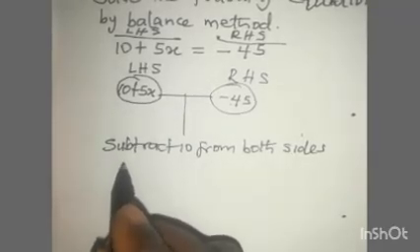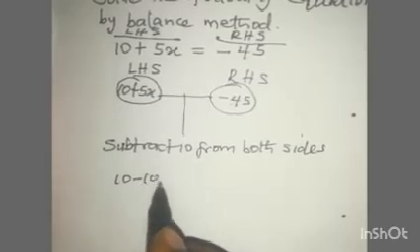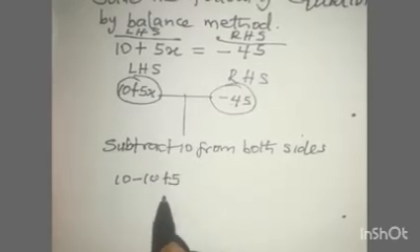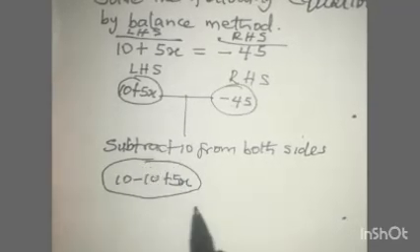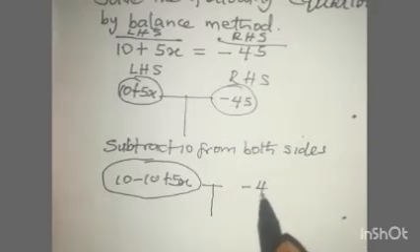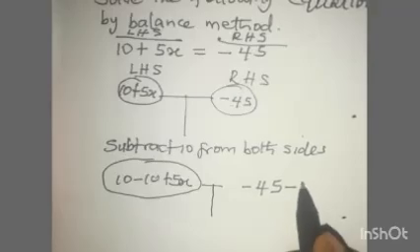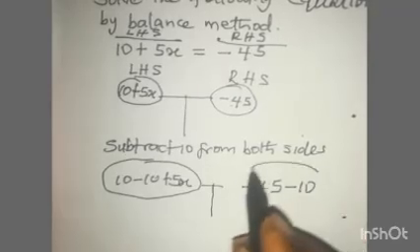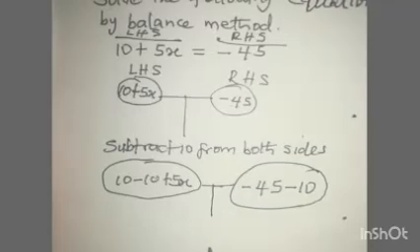So before we do that, because of the space, let's write 10 minus 10 plus 5x. So that forms this side of the balance. Draw this sign here. Then what is left? Minus 45. Minus 45 minus 10, because we are subtracting 10 from both sides. That makes up this side of the balance.